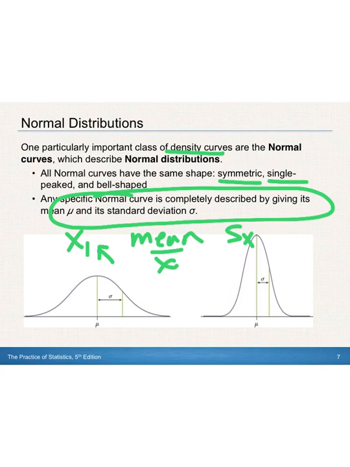The minute we decide to use the model of the normal curve instead of the actual data, then we talk about mu, which stands for the mean of the normal curve, and sigma, which stands for the standard deviation of that normal curve.